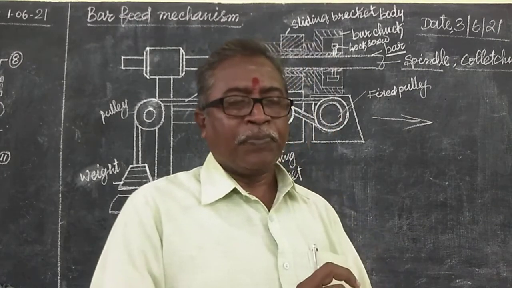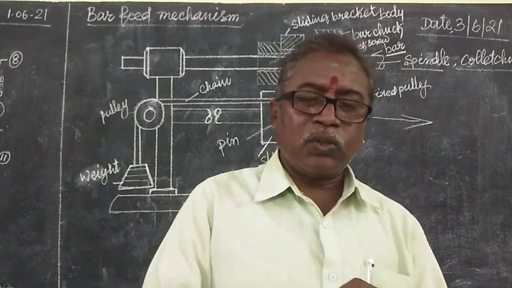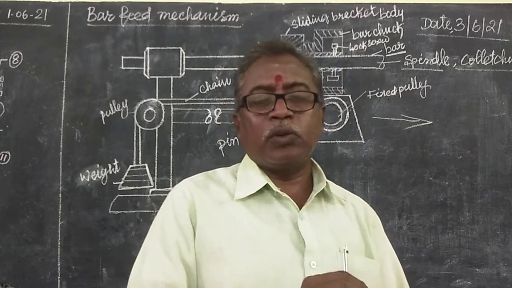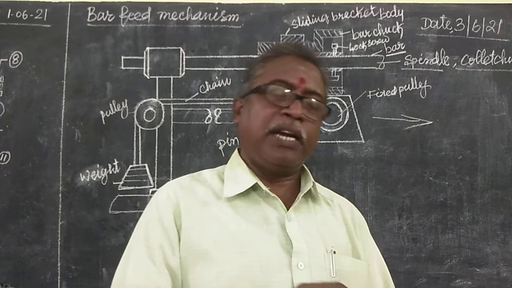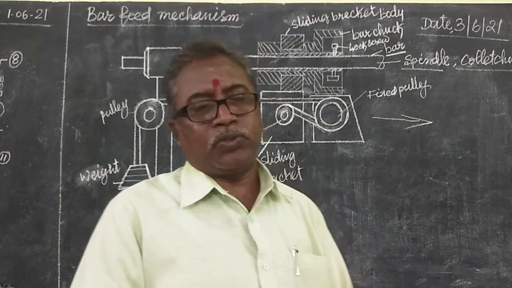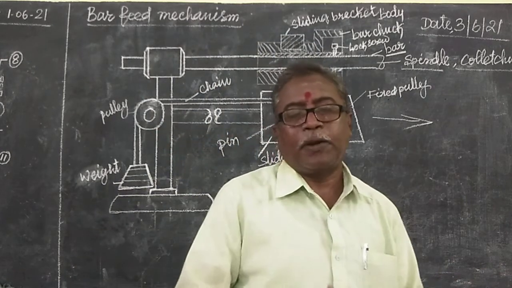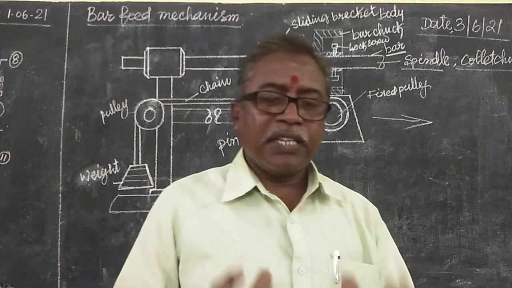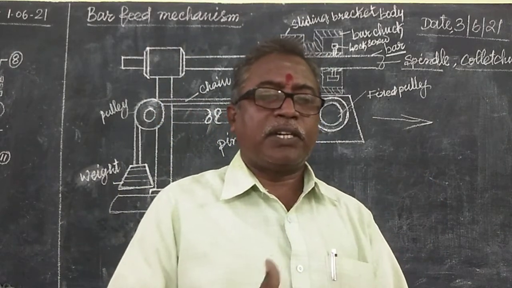Then turning tools, as I told you, step turning, and multi tools will also be used, which we will discuss later on. So these are the functions of the turret head.